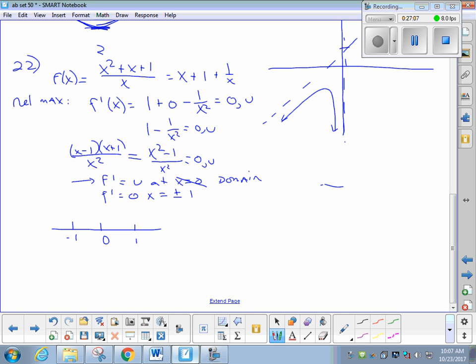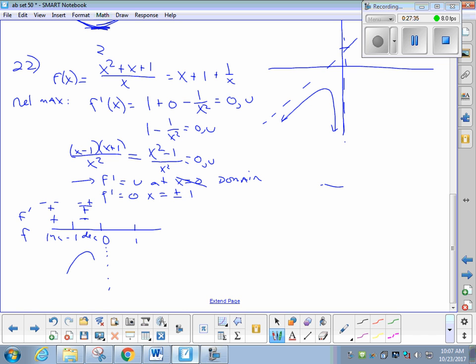So if I were to look at this, then at negative 10, I'm looking at negative, negative, positive, so that's positive. F is increasing. Between negative 1 and 0, negative, positive, positive, which is negative, so decreasing. Then it has an asymptote.